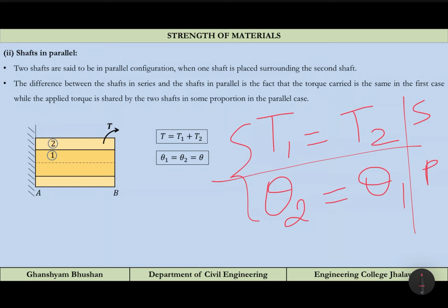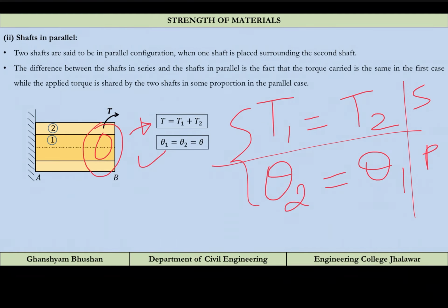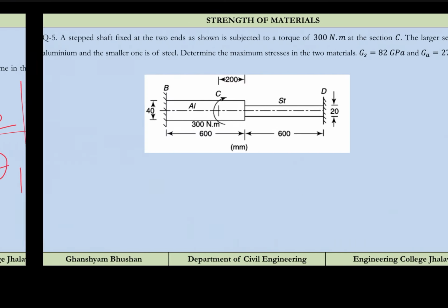So the total torque will be shared by 1 and 2 and will be equal to the sum of them, but the angle of twist will be the same. You can imagine that if you are twisting this material, the surrounding material will also be twisted by the same amount. So theta will be the same in the parallel connection and torque will be the same in the series connection.